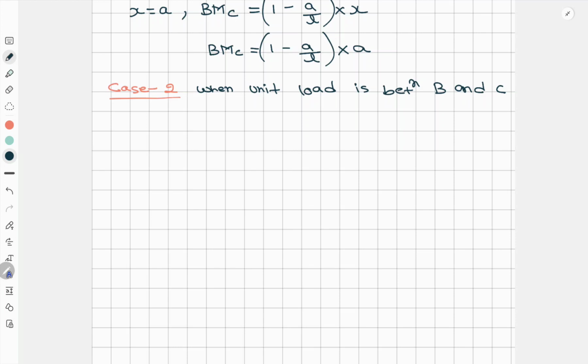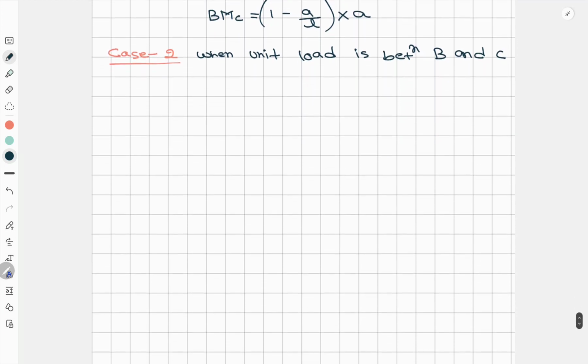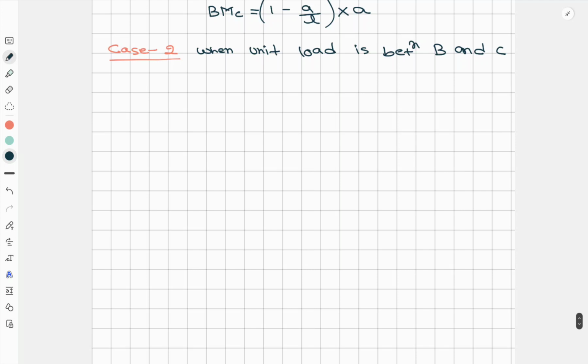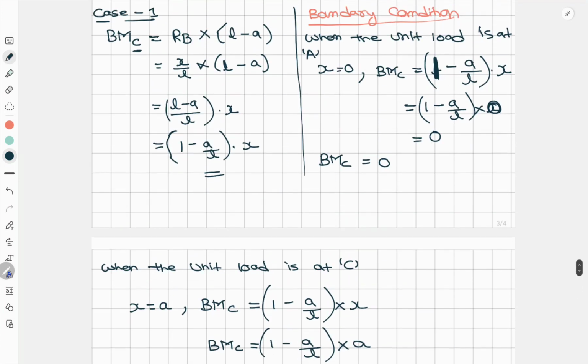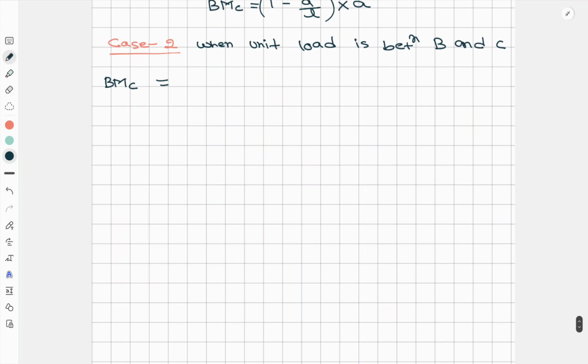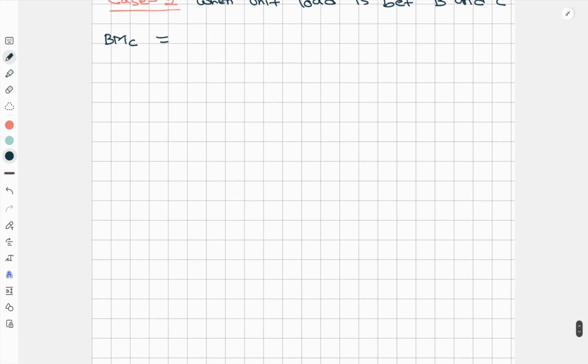This was case 2. So here we have to make the equation first. In this case, the unit load is between B and C. Okay, I'll redraw the diagram here. This was our RA, RB, and this is A point, B point, and this is C.